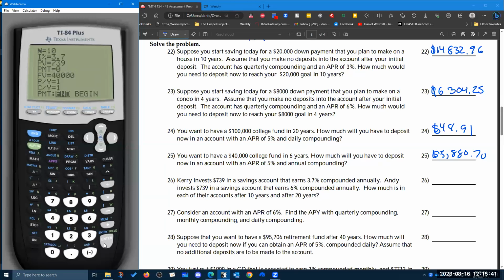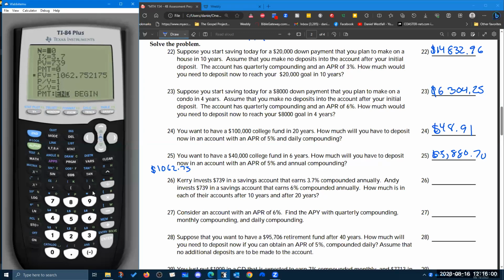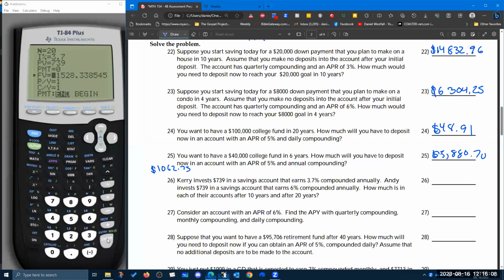The future value of the first account in 10 years is going to be $1,062.75. In 20 years, the value is $1,528.34.